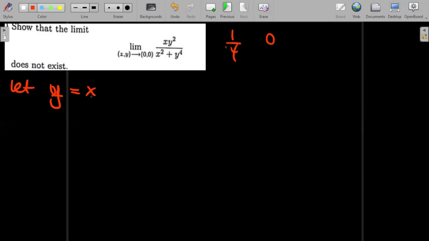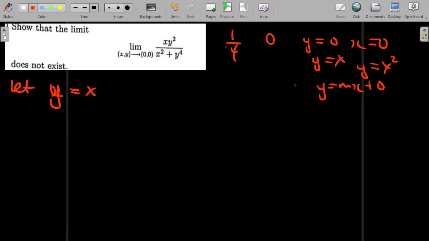So you can show this by letting these points, let's say y equal to 0, x equal to 0, or y equal to x, or x equal to y, or y equal to x squared, or it can be y equal to mx, like this. It can be a linear function. So you can let it equal to any of these. So mostly just test these, the squares, and the ones for zeros.